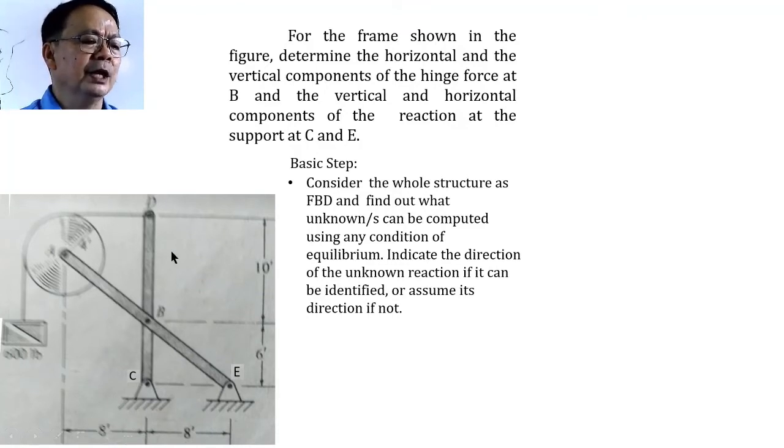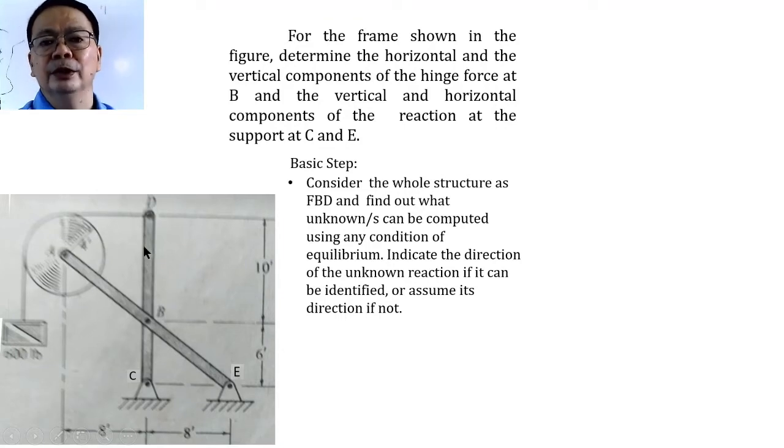Similarly, we're going to analyze this vertical bar D, B, C, because there may be forces acting at D, and at B, and at C, therefore, this member is subjected to more than two forces that will make it in equilibrium. As such, this member is also called a three-force member. So makatuwid, itong structure natin shall be called a frame, and we can analyze the structure using method of members.